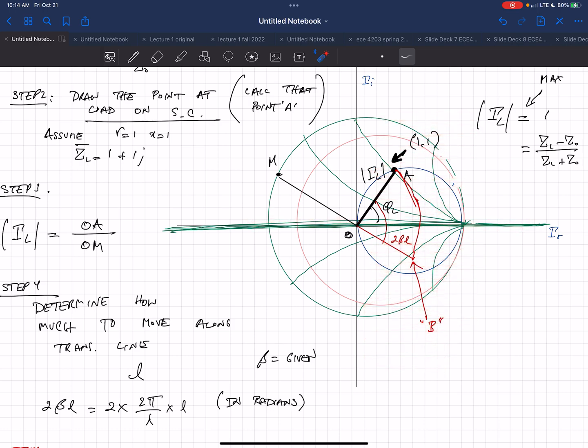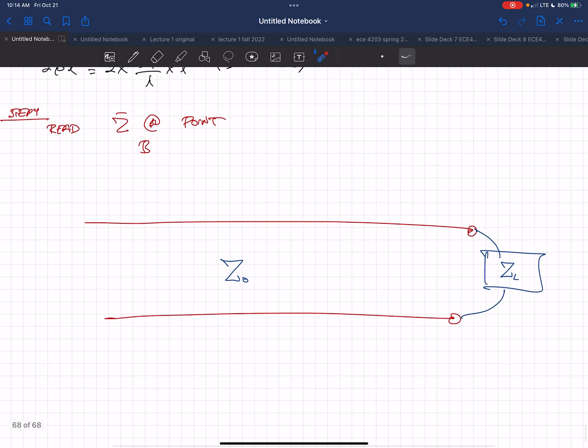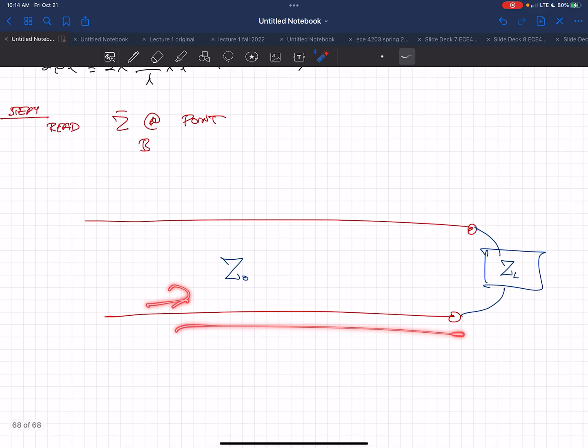So if I want a particular capacitance, I want it to be here. That's how long this line needs to be for me to have what looks like a capacitance at that frequency. Okay, so it's a graphical tool to see what the behavior of your line looks like.